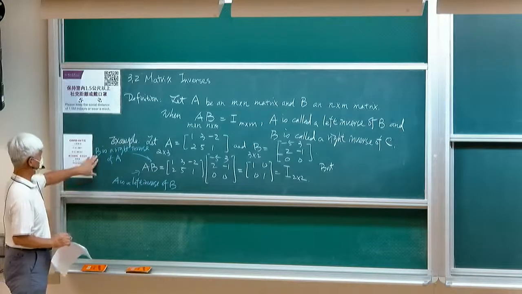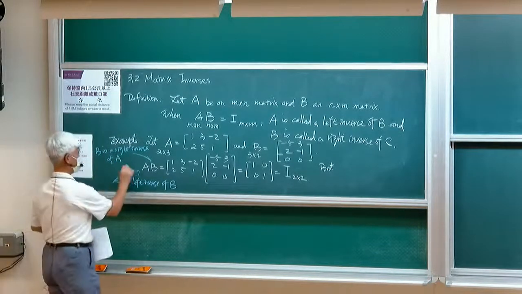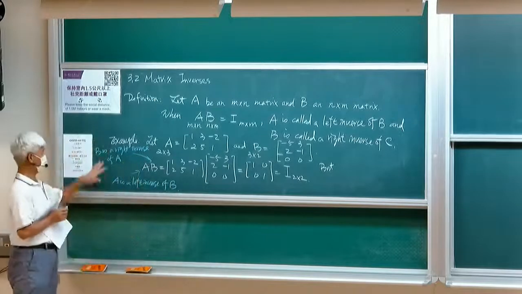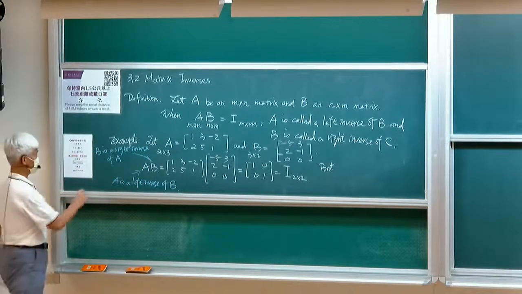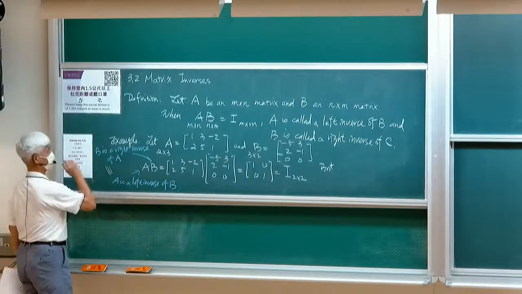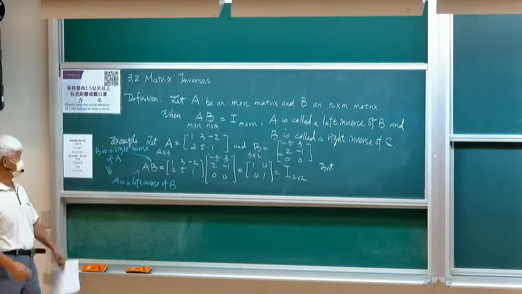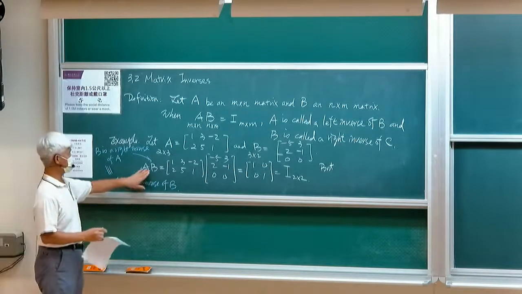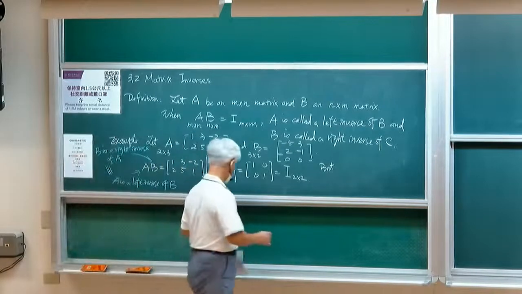Whenever we know B is the right inverse of A, then we know A is the left inverse of B. So these two statements are equivalent to each other, and they describe the situation as A multiplied by B equal to the identity.